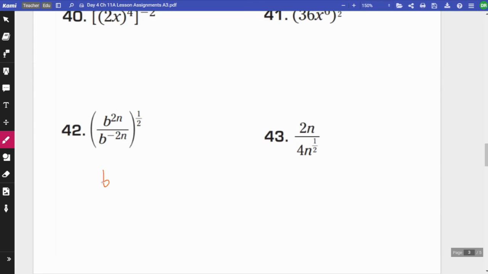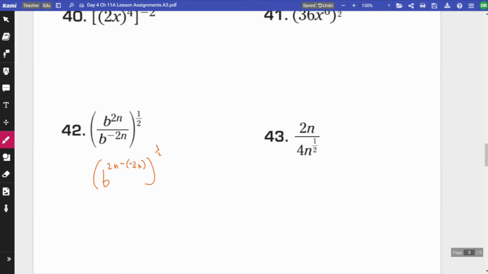So that would look like b to the 2n minus the next exponent, which is a negative 2n. Okay, so I just combine these with their exponents subtracting, and I still have the stuff to the 1/2, and I'll worry about that later.